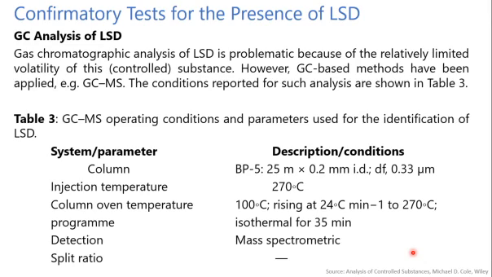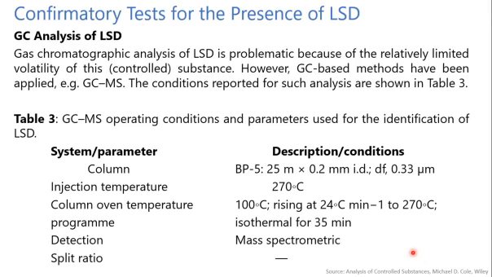The parameters and description: the column generally used here has trade name BP5, with dimensions of 20 meter length and 0.2 mm internal diameter, and 0.33 micron film thickness. Then the injection temperature is around 270 degrees Celsius.